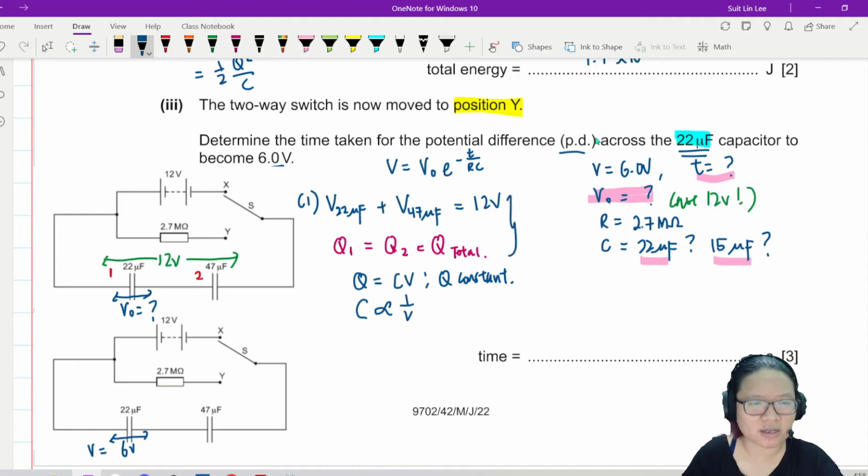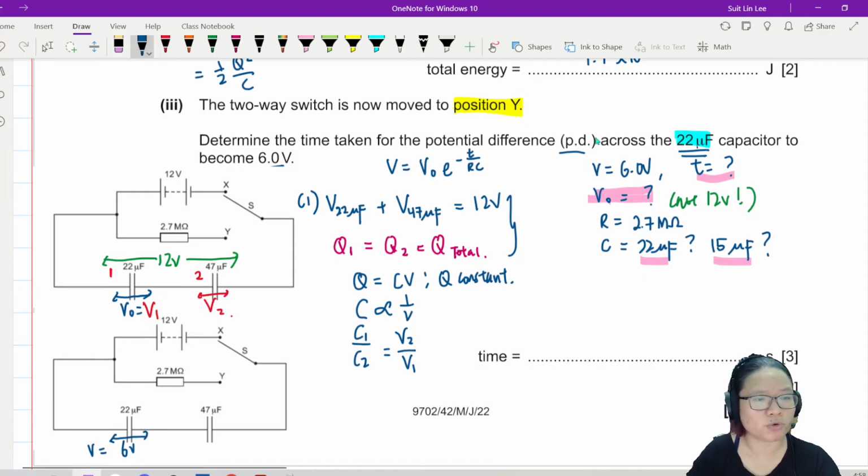You can look at some other recordings where I actually solve the simultaneous equations, but today I'm going to use ratio. So I'm going to just say C1 over C2 is equal to V2 over V1. And what are we looking for? We are looking for V1. So V naught is V1. Here to here is V2. Okay, so I'm going to write a ratio first.